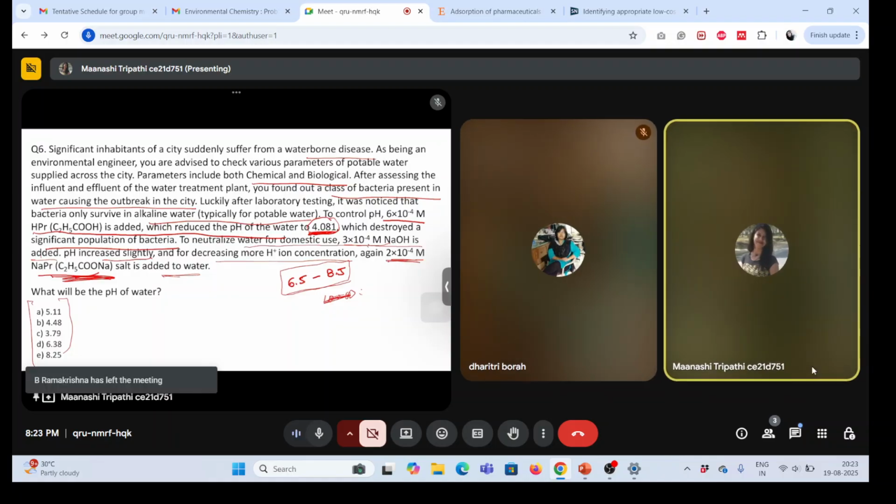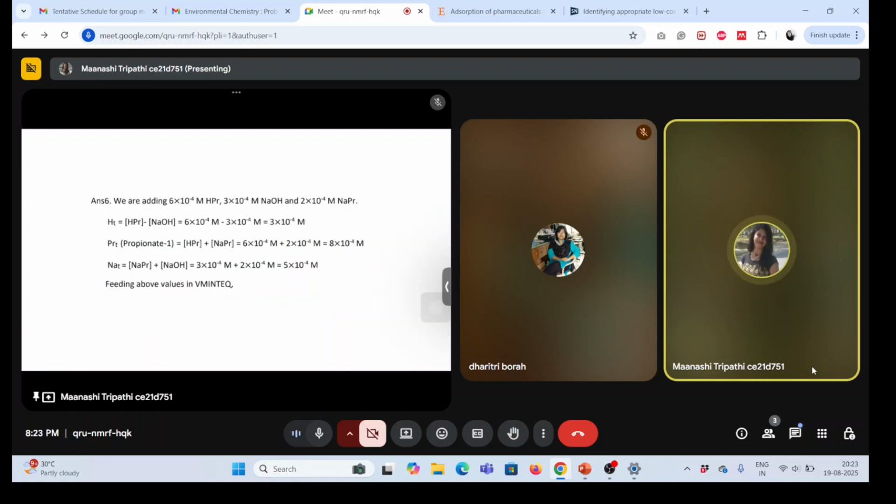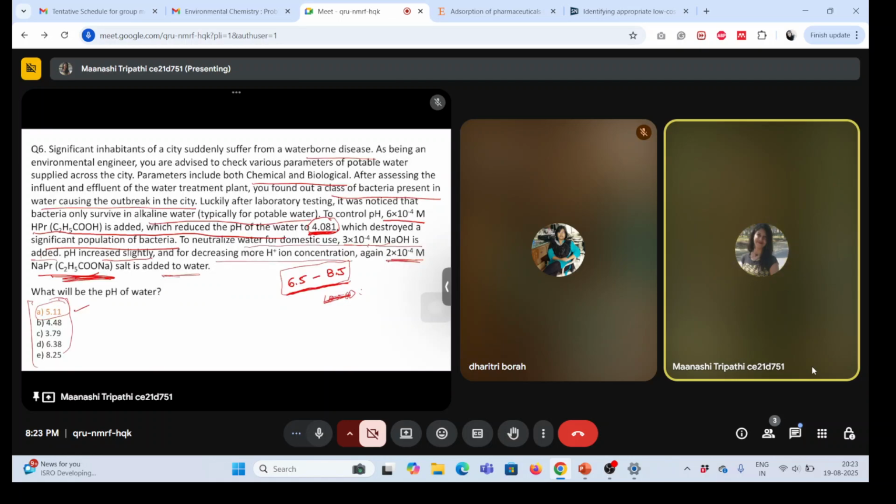Okay, so the answer is 5.11 in this case. Even though the pH is 5.11, it is not in the drinkable range. So for this question, it's okay to get 5.11, but we'll need to add more NaOH to increase the pH.